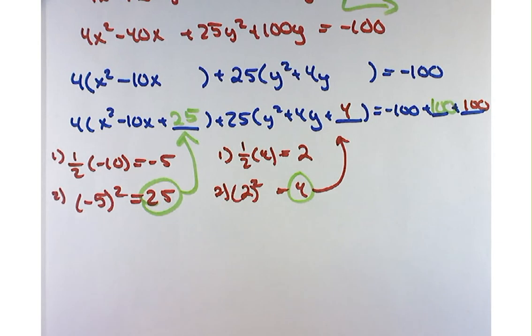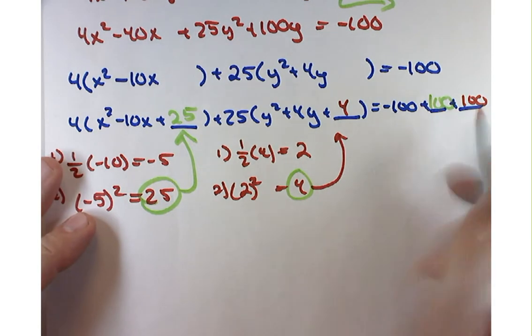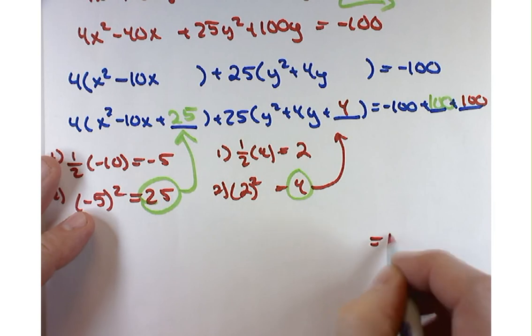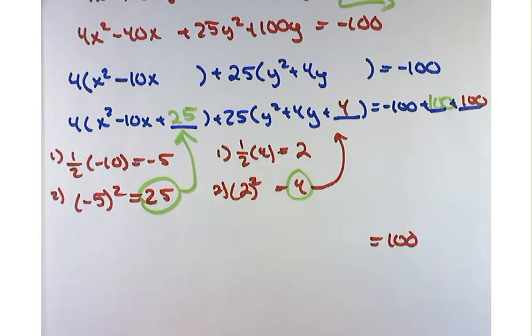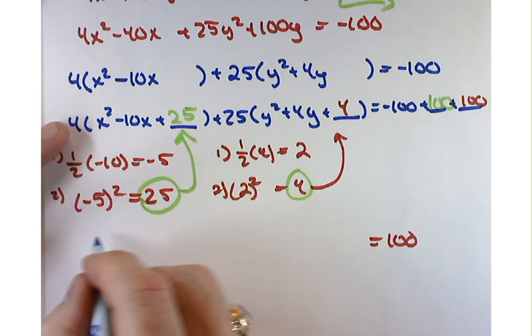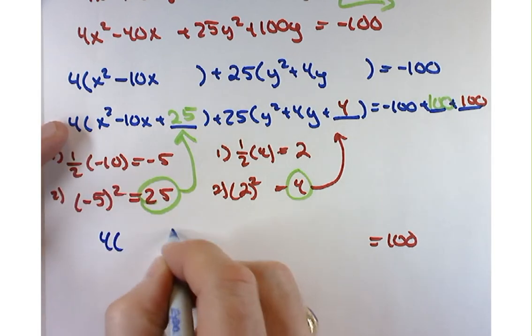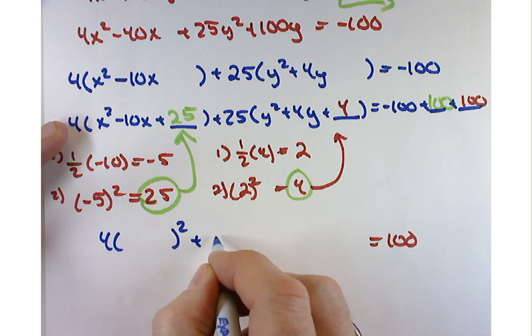On the right-hand side, negative 100 plus 100 is 0, plus 100 again is 100. On the left-hand side, well, that's 4 times something squared. This is a perfect square now.